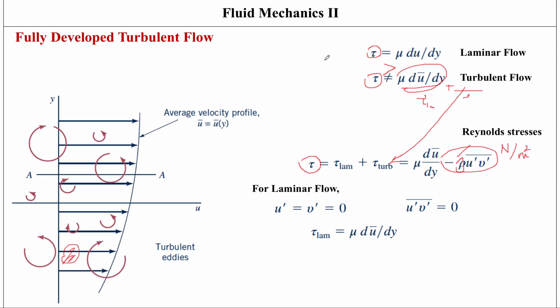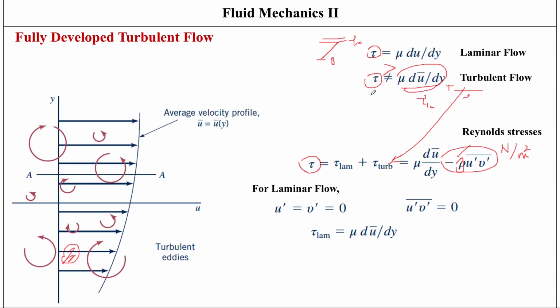For a laminar flow, it increases in a linear way as we get closer to the wall. So if the wall is here, a linear relationship develops. So we get tau W here, which is the tau wall, which is the highest shear stress, and at the center line we have a value of 0 for the laminar shear stress.